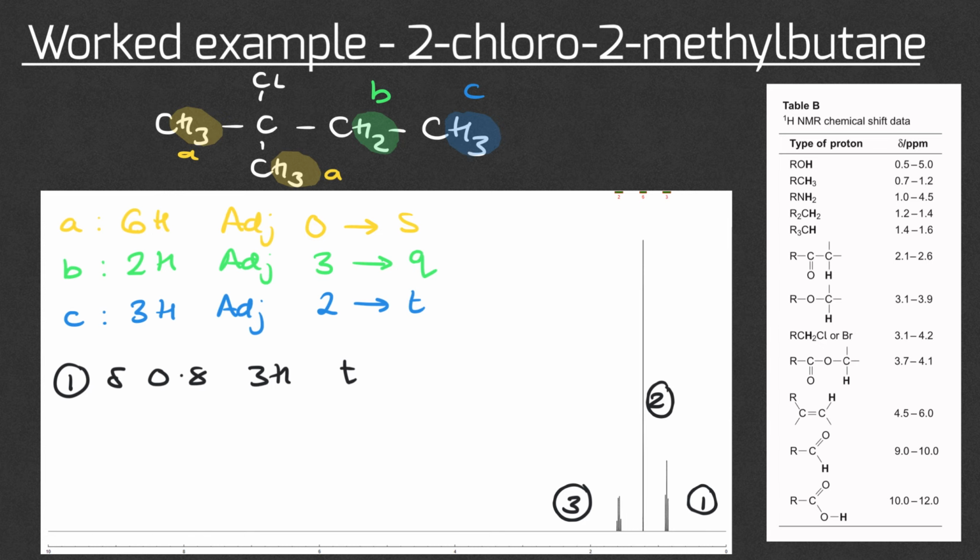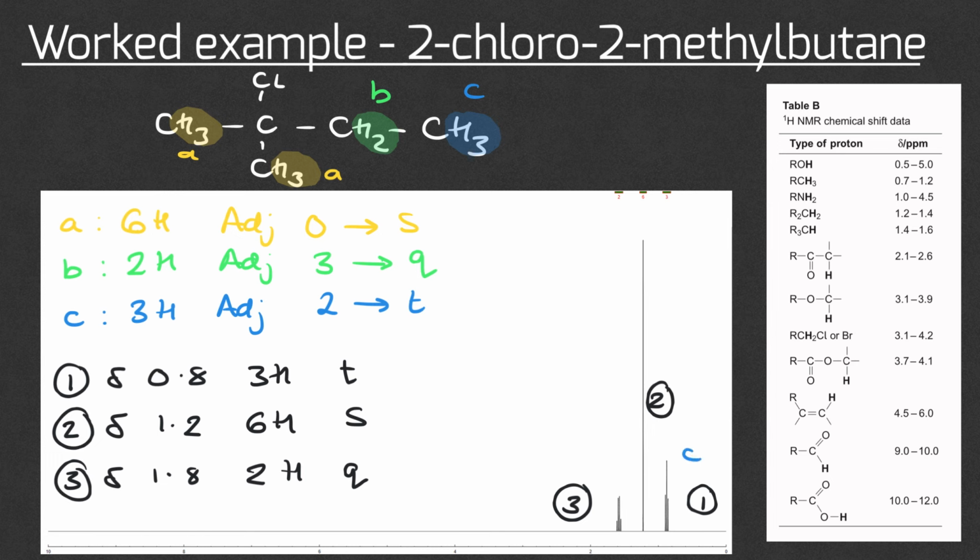Peak 1 has a chemical shift of 0.8, consists of 3 hydrogens, and is a triplet. Peak 2 has a chemical shift of 1.2, has 6 hydrogens, and is a singlet. Peak 3 has a chemical shift of 1.8, has 2 hydrogens in the environment, and is a quartet.